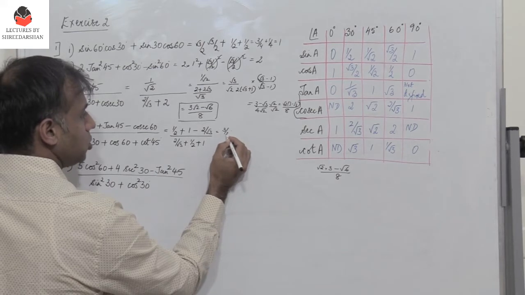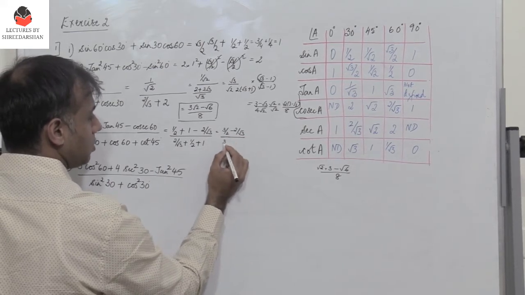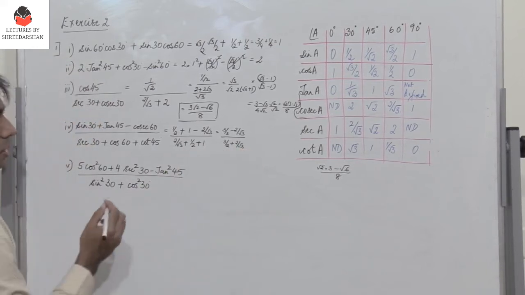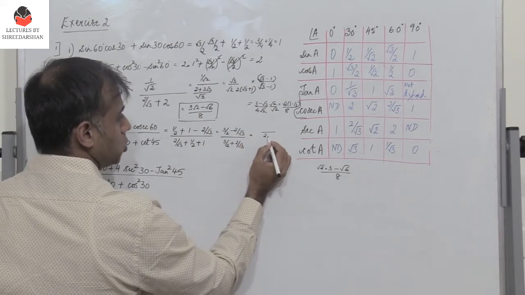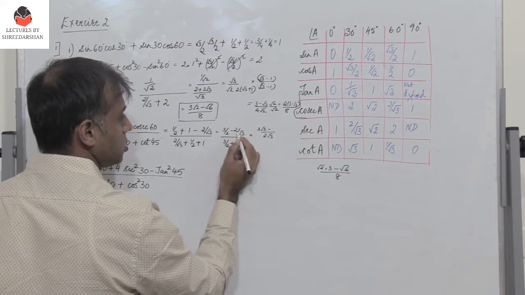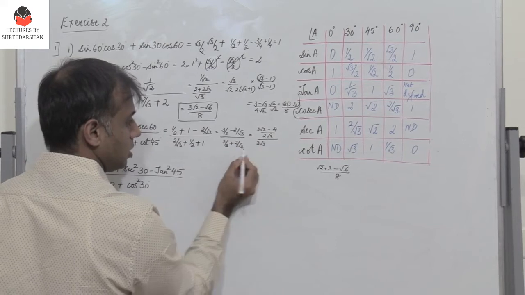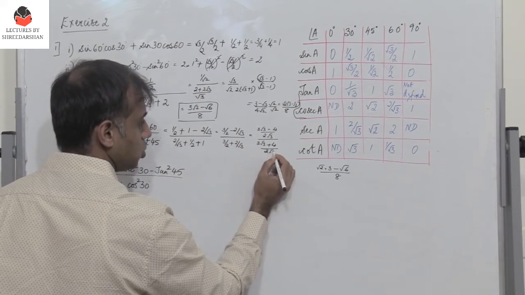So it is 3 by 2 minus 2 by root 3 divided by 3 by 2 plus 2 by root 3. Okay, so now if I take the LCM, I have 2 root 3. So root 3 into 3 is 3 root 3 minus 2 into 2 is 4 divided by, so here I get 3 root 3 plus 2 into 2 is 4 divided by 2 root 3.